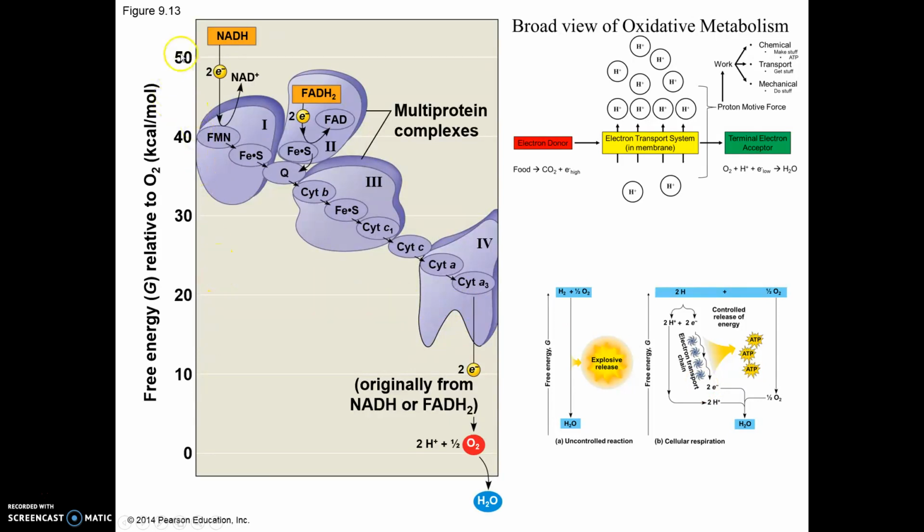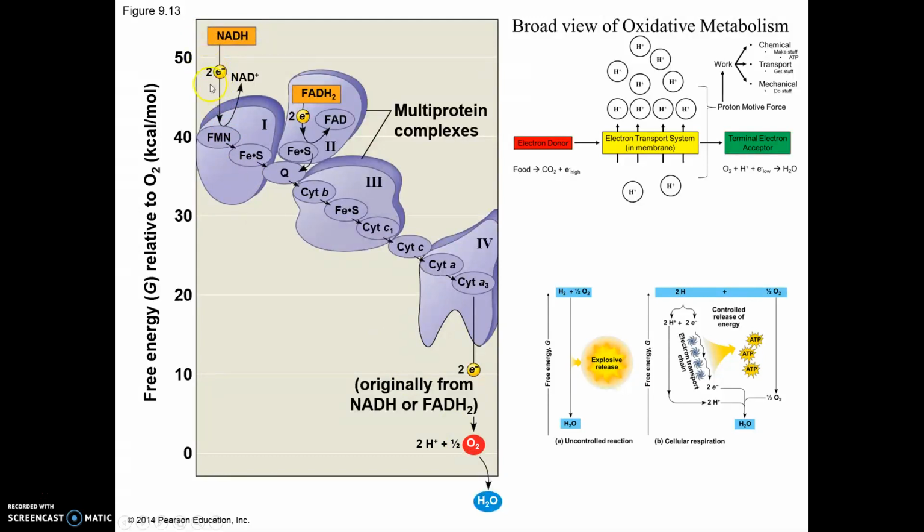modeled in 2 ways. So here we have a scale along the y-axis that is the amount of free energy present. So here we have electrons going on to oxygen, which are very low energy. The electrons coming in from NAD are very high energy.